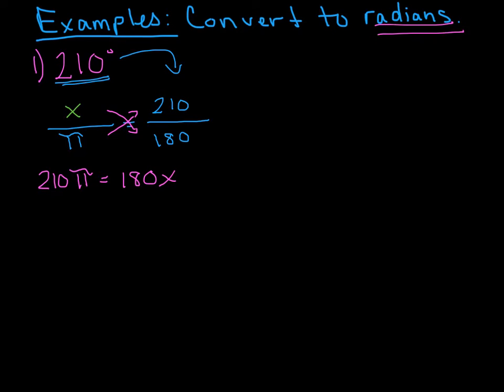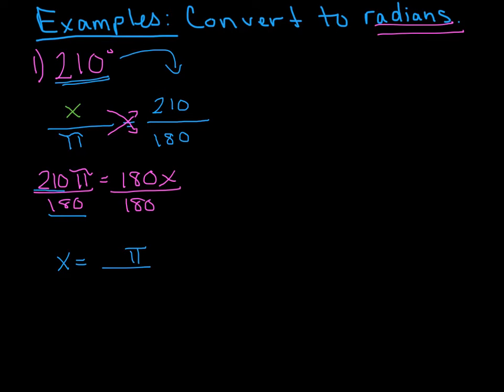Radians you want to leave in terms of pi, so you don't want to use 3.14 for that pi. You want to just leave that pi there. So I want to divide by 180 because I'm solving for x, so I want to get x by itself. So if I'm going to leave that pi there, I need to simplify the 210 and the 180. The easiest way to do that in your calculator is type in 210 divided by 180 and then use the math frac button, which is something that you should know.